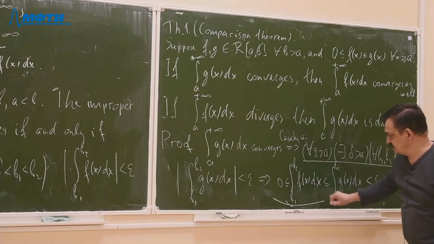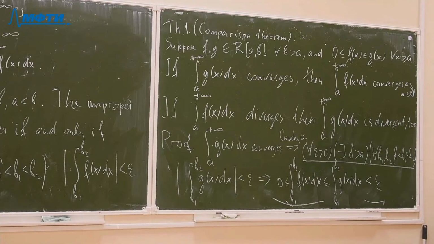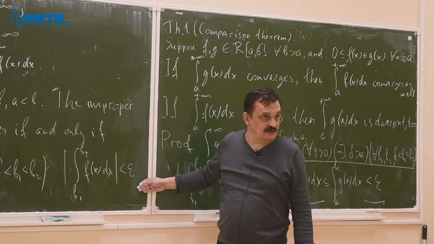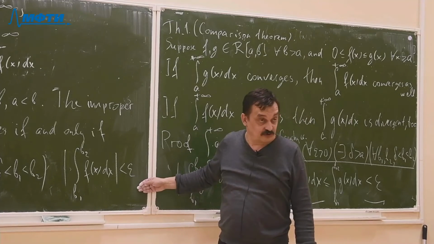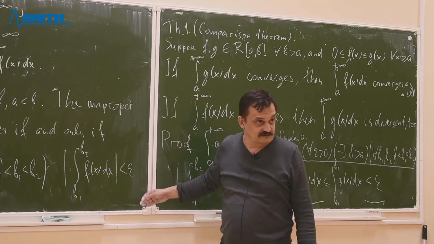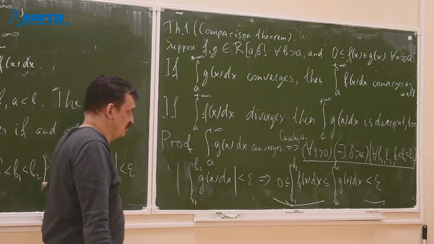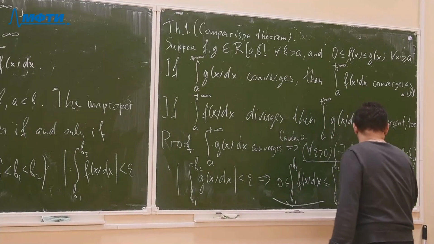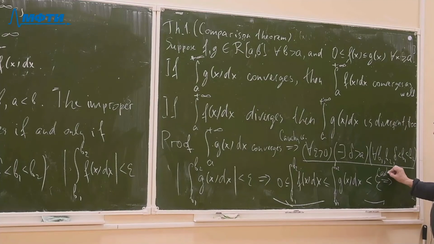The integral is non-negative and less than epsilon. It means everything written in the Cauchy criterion for f, for convergence of the integral of f, is satisfied. So, an immediate consequence of the Cauchy criterion: the integral from a to infinity of f of x dx converges.